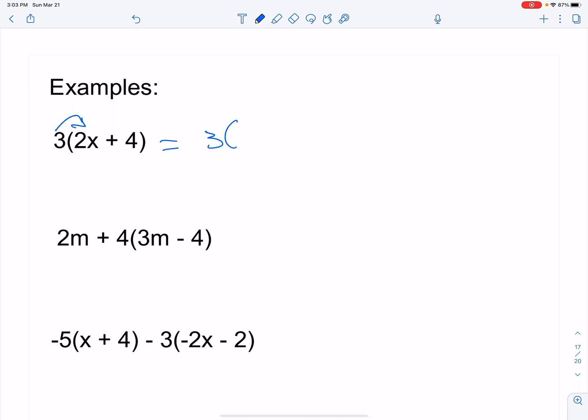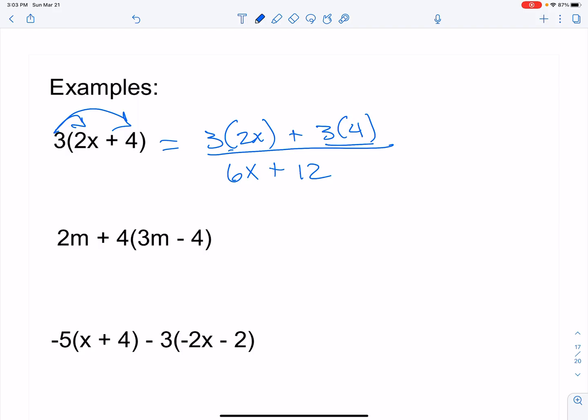So that's going to give us 3 times 2x plus the 3 times the 4. Now we're going to simplify this. So 3 2x's is going to give me 6x total. And then 3 times 4 gives us 12. Now, I'm not expecting you to write it out like this, but that's what the distributive property really means.